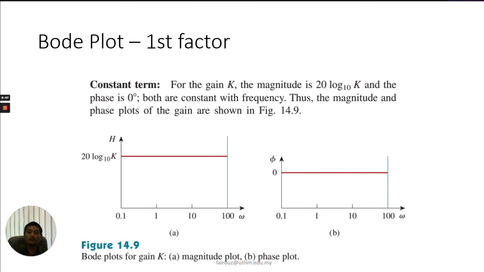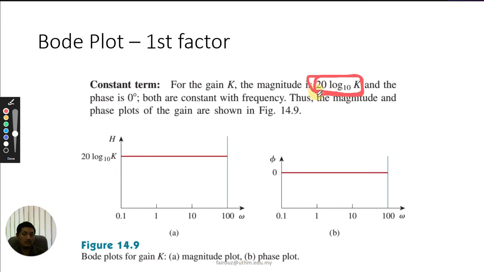What do I mean by drawing each factor individually? Let's look at the first factor. The first factor is gain k. So the magnitude is 20 log 10 k.